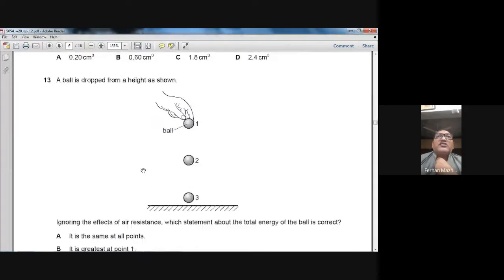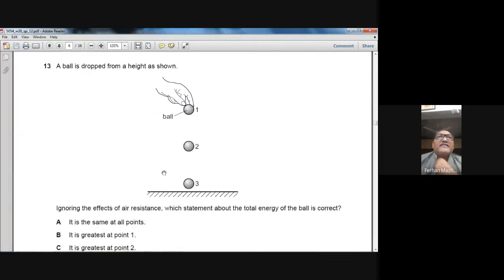The next question is on your screen. It says a ball is dropped from a height as shown. Ignoring the effects of air resistance, which statement about the total energy of the ball is correct? If there is no air resistance, the total energy of the ball will remain constant. Whether you check it at point A, point 2, or point 3, the total energy will remain constant.